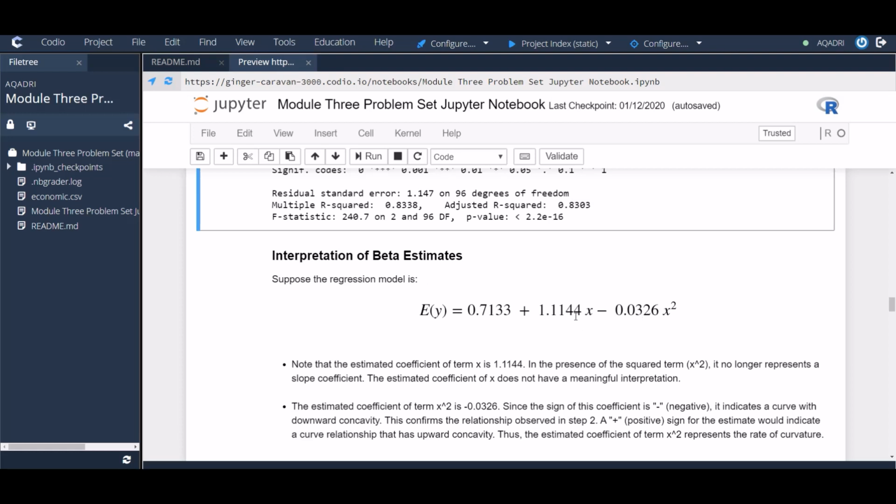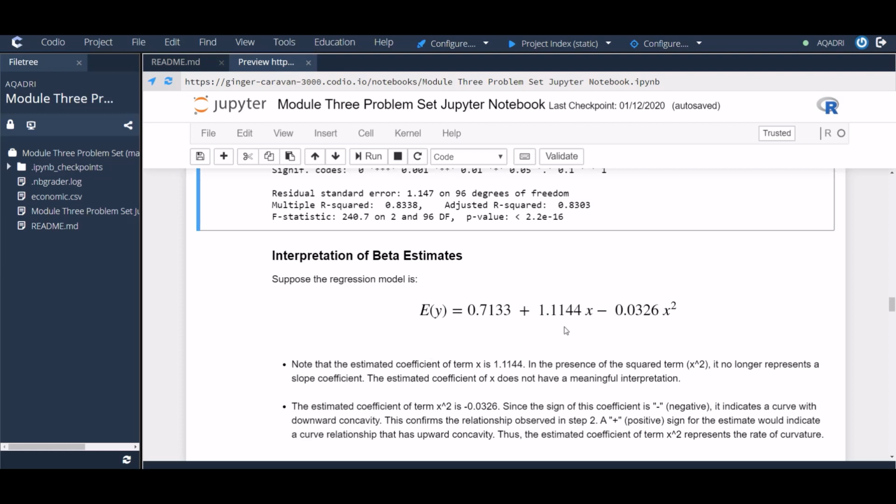Okay, so remember last week the beta estimate for the first order term was that for a unit increase in the predictor variable, the response variable would increase or decrease by that beta, right?